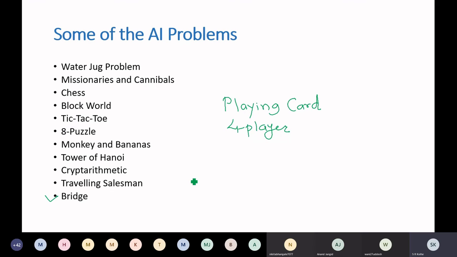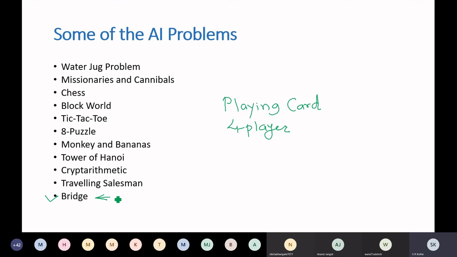And successfully, if you see the history in the literature, very good programs have been developed to play this bridge game, and a computer program has defeated the world bridge champion many times.